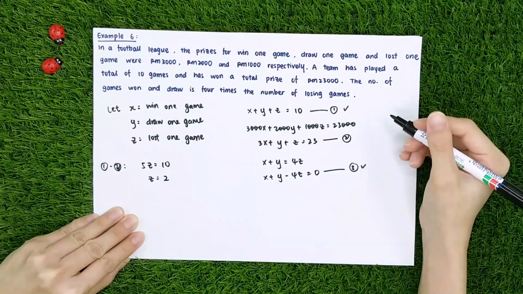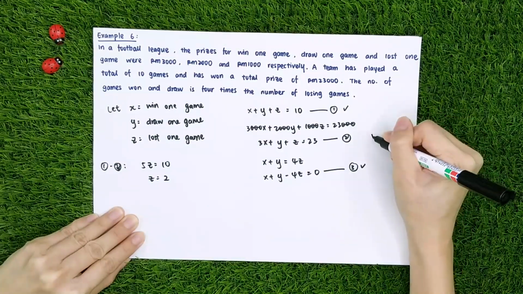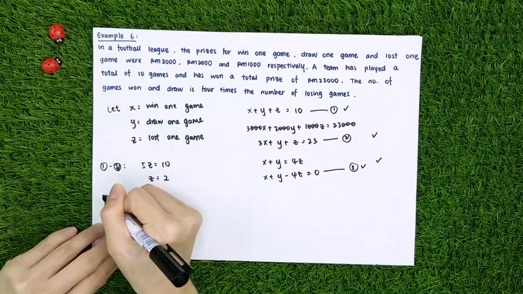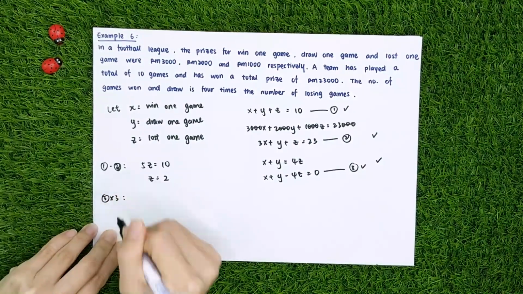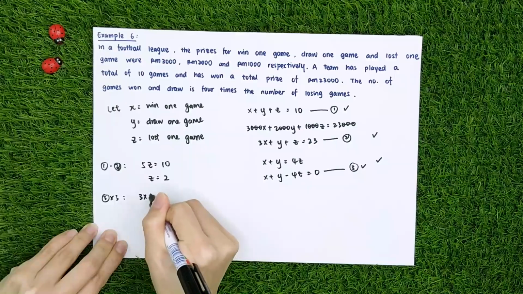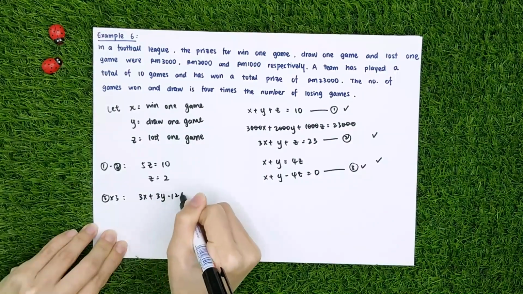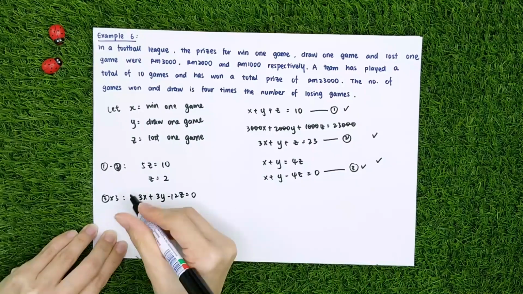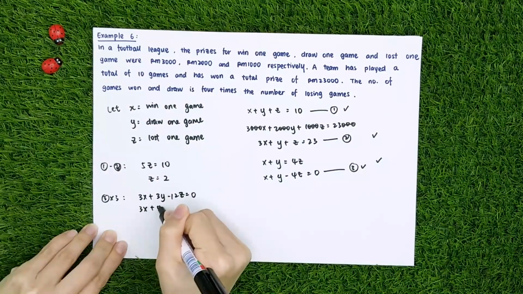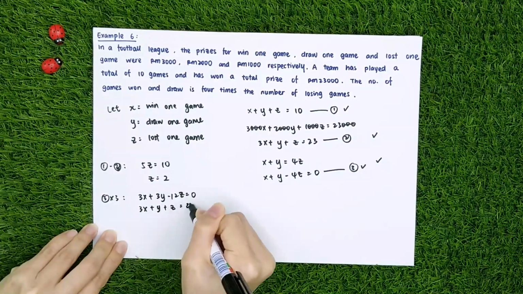Now I will choose equations 3 and 2. So I will multiply equation 3 by 3, and I will get 3x plus 3y minus 12z equals 0. I move down my equation 2, 3x plus 2y plus z equals 23.